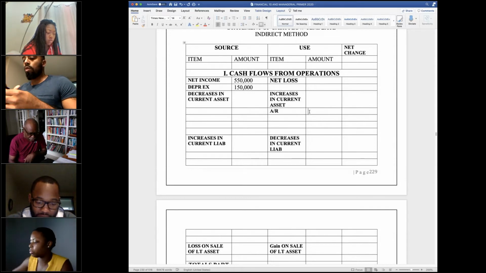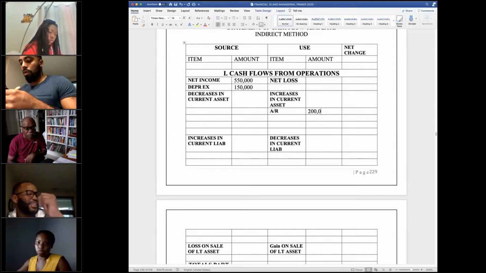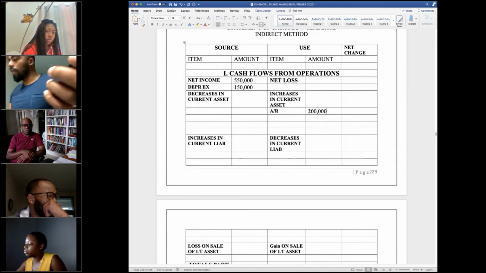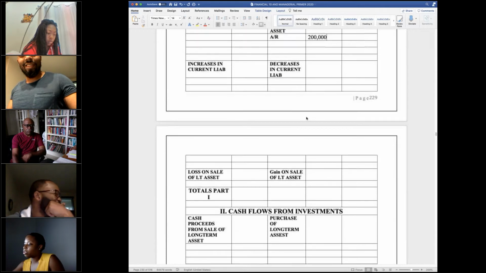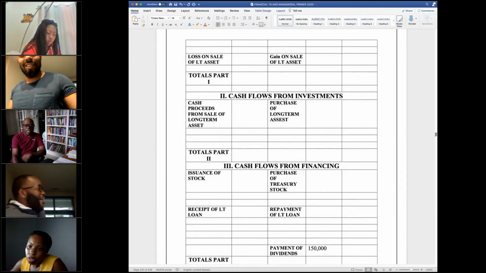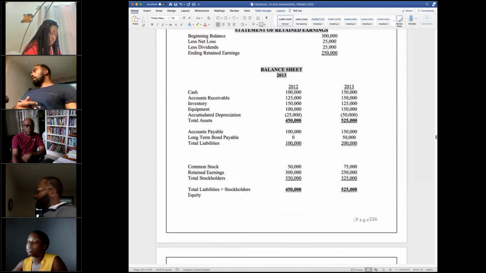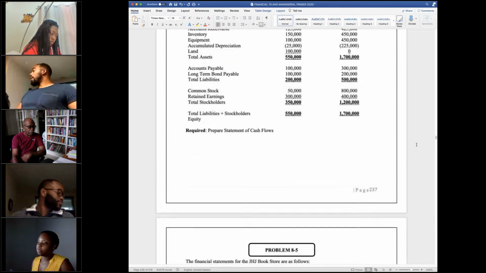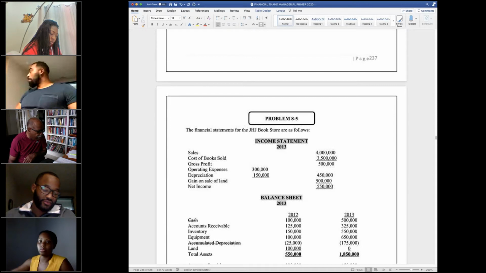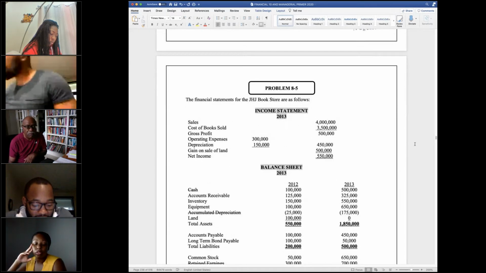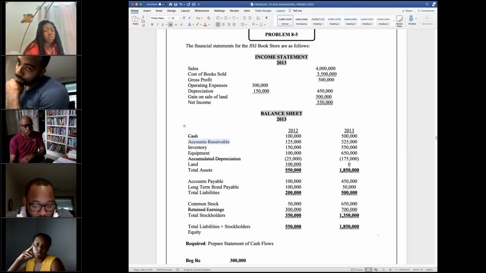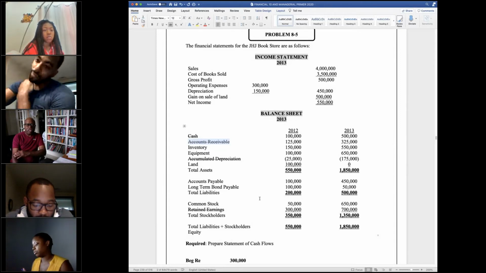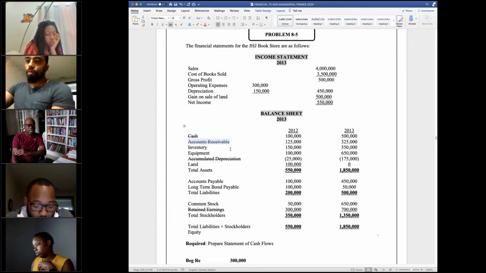Whenever the asset increases, I've got it already laid out here for you, then it's a use. That is when you buy an asset, your cash goes down. Let's go back down here to the problem. Okay. So now we can go to accounts receivable and we can strike it out. So we're simply getting the change and striking that account out because we've done it.